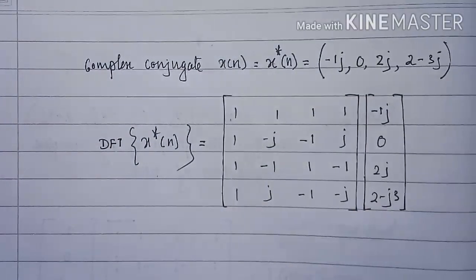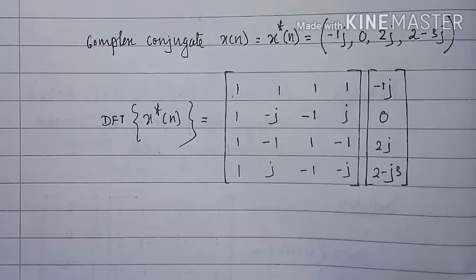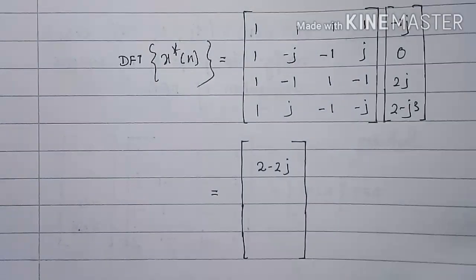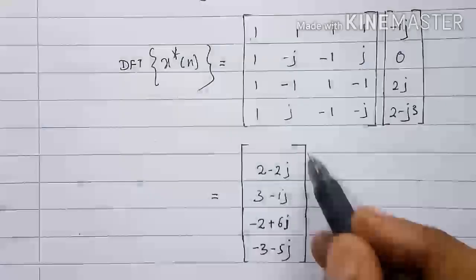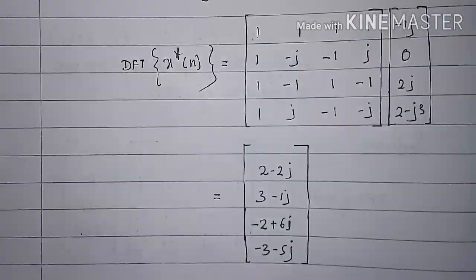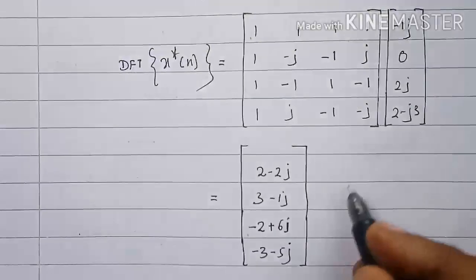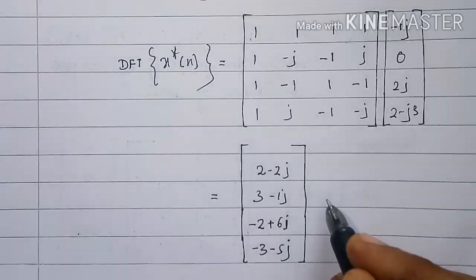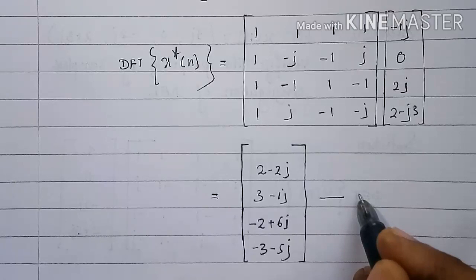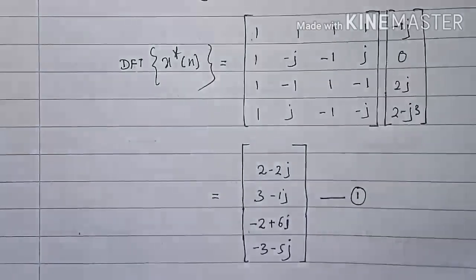Once again you multiply these two matrices and write the results. I hope you have got these results. Call this equation 1.